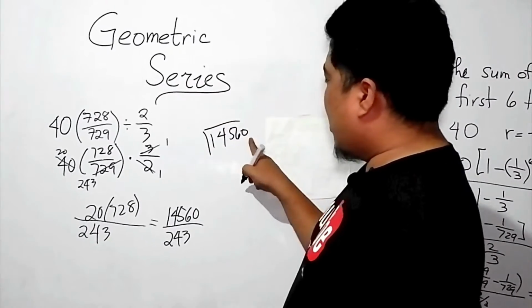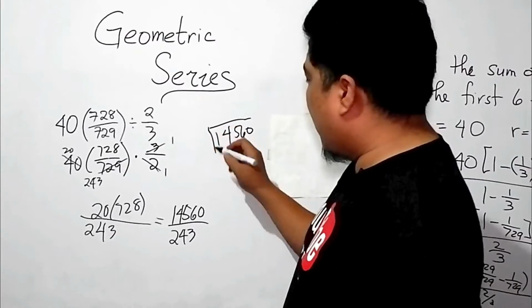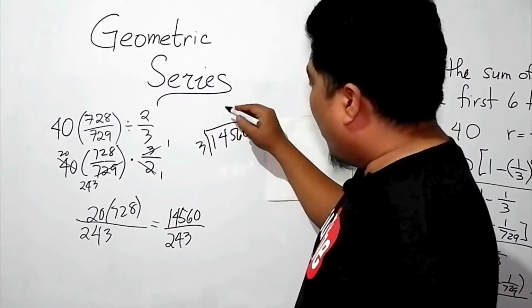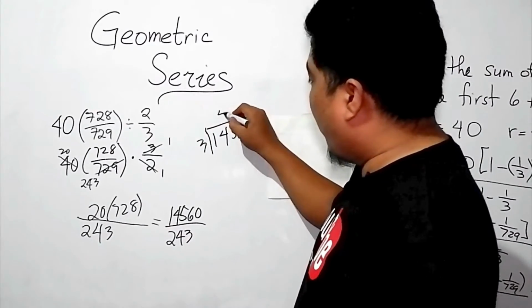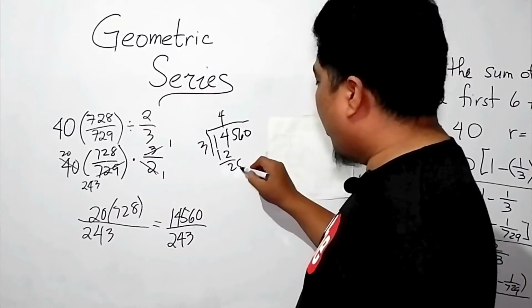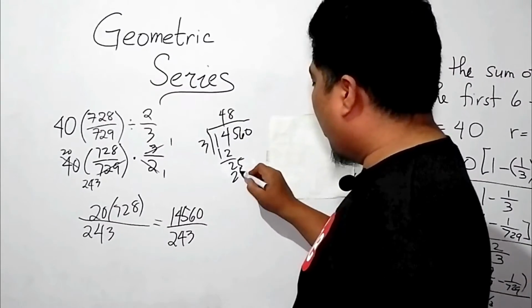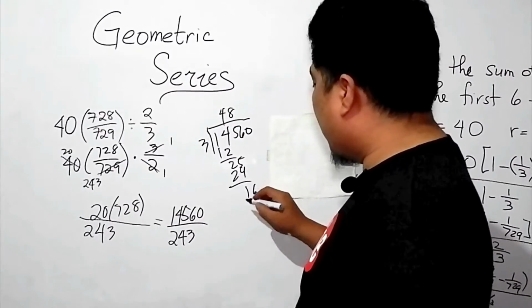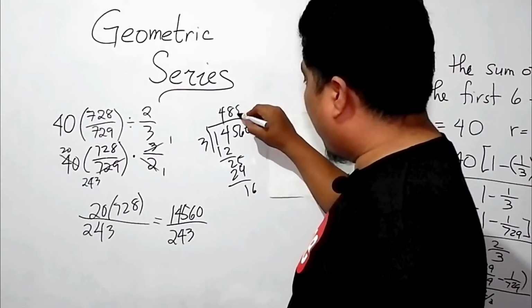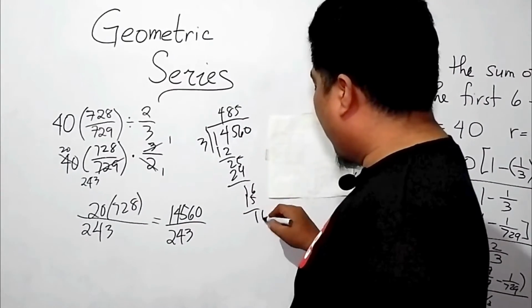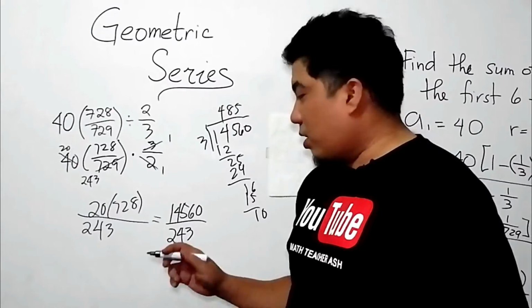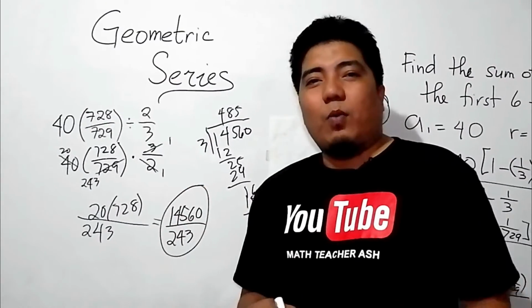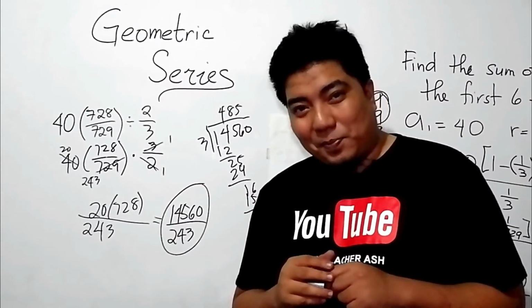Let's still try whether we can do this one. This would give us a remainder. Okay, so this is not divisible by 3. Therefore, this will be our final answer.